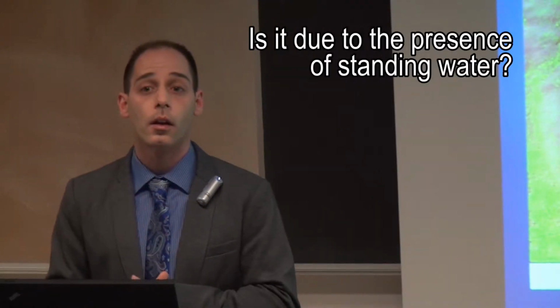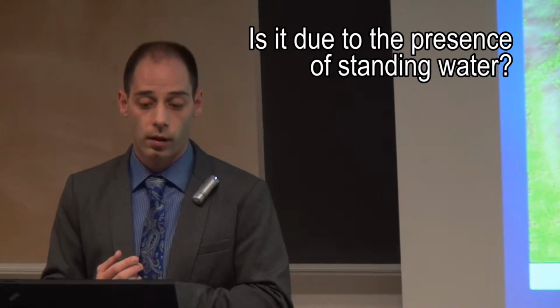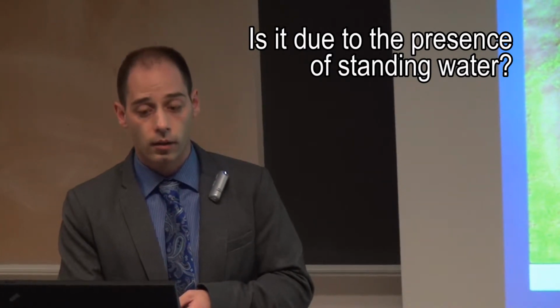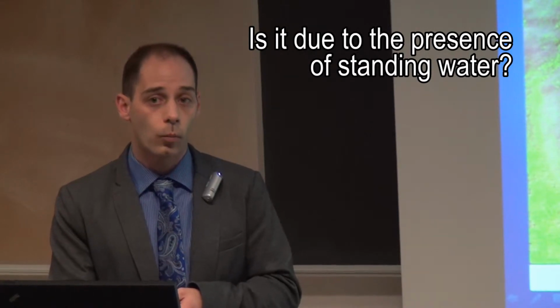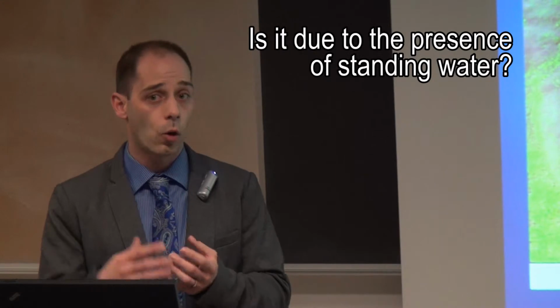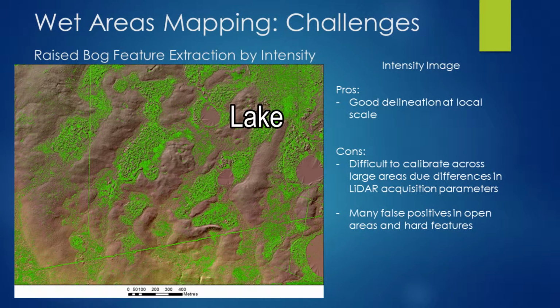With the presence of standing water? It may, but I don't believe so, because with standing water, the moisture within there is reflecting as much of the light. Yeah, it's more associated with the inundated characteristics more so than the open standing water characteristics, because if you have a look at this area right here, this is a lake, right?